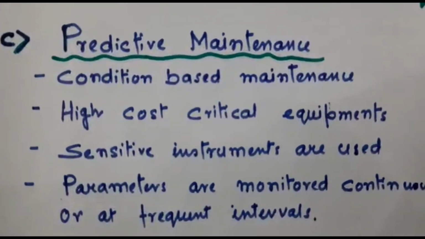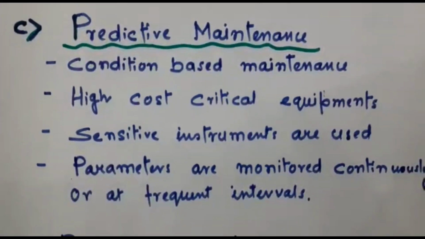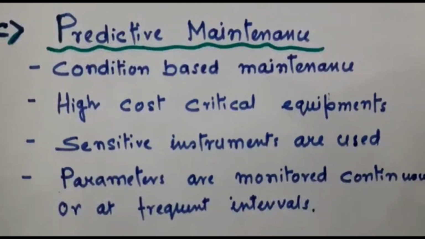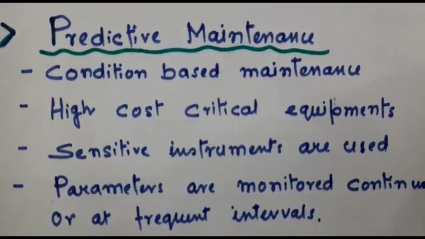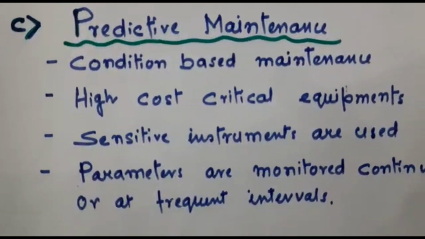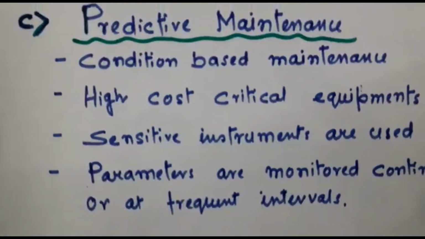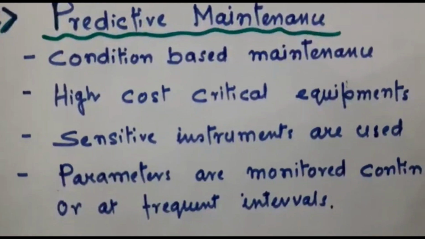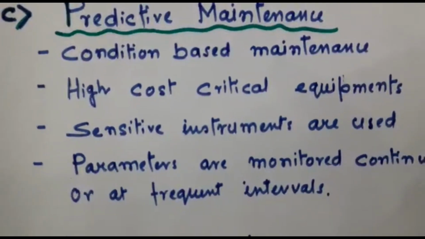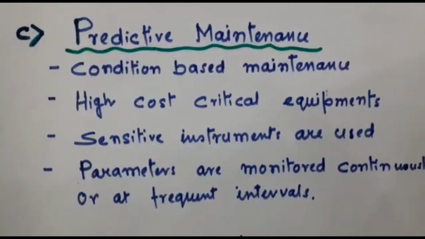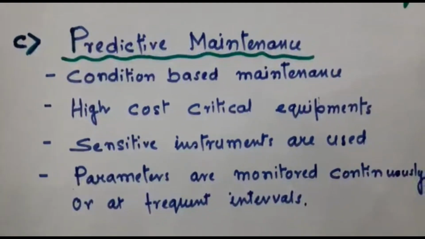Next is predictive maintenance. It is also called condition-based maintenance. It attempts to evaluate the condition of equipment in order to predict when maintenance should be performed. It is the process of monitoring a parameter of condition in equipment such that a significant change in it is indicative of developing a failure.